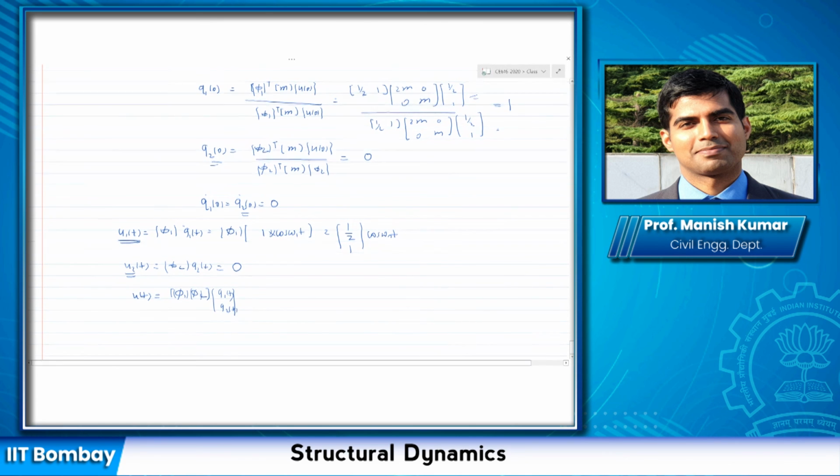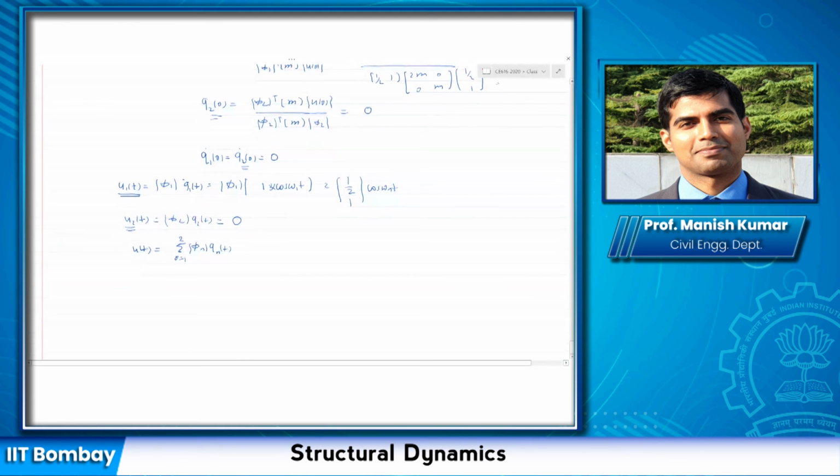Okay, or if you want to write down in terms of summation r equal to n to 2, this would be phi n times qn t, so that it would be direct sum. Okay, so this you directly get as half 1 n cos omega n t. Okay, there is nothing else. So the total response is actually this.